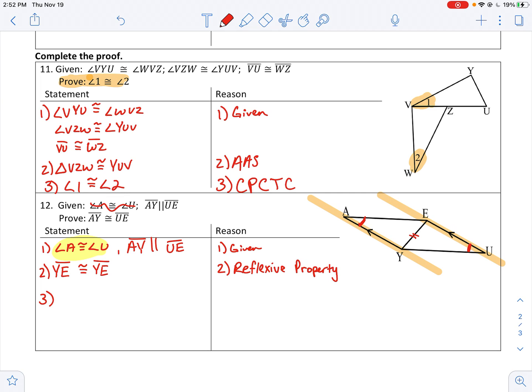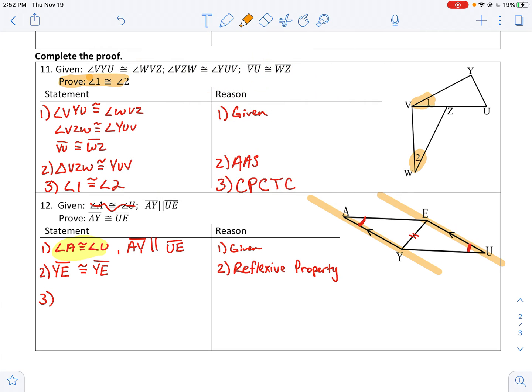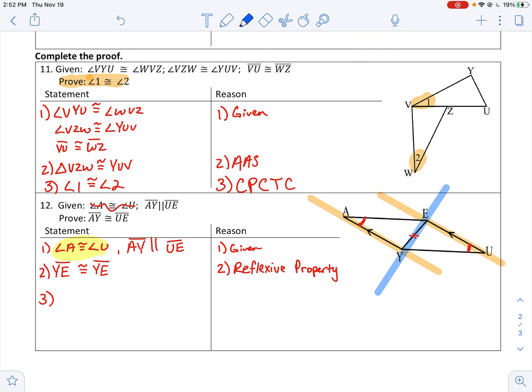Okay? And let's take stock of what I have. I have an angle and I have a side. So I need an angle or I need a side. If I'm given parallel lines cut by, I'll do it in blue, parallel lines cut by a transversal, I could probably find an angle to get angle, angle, side.